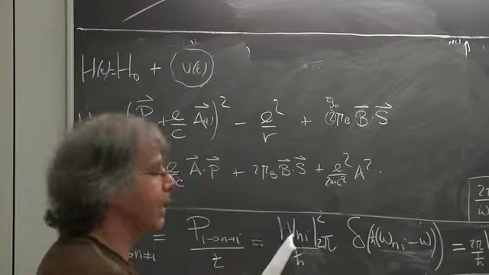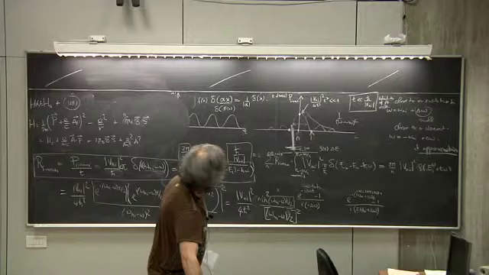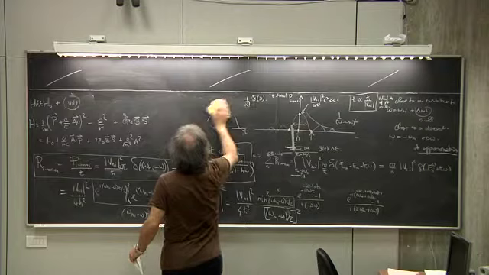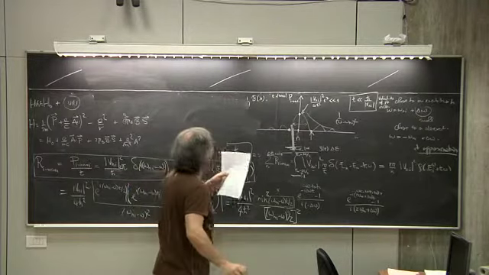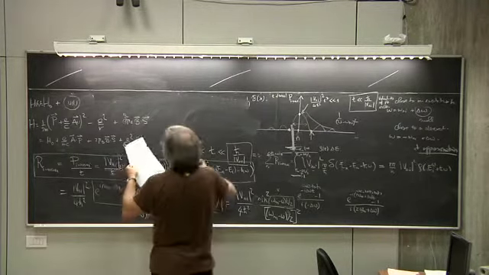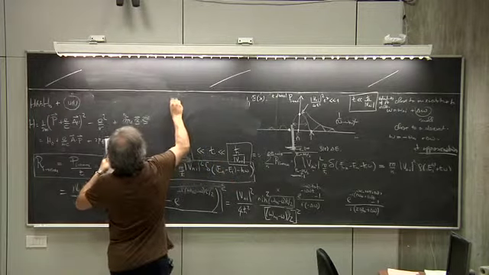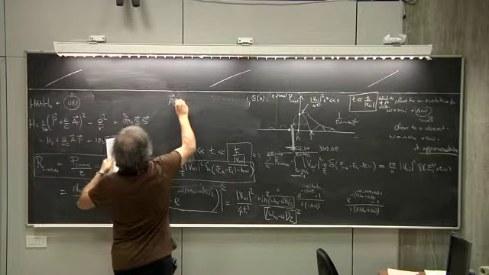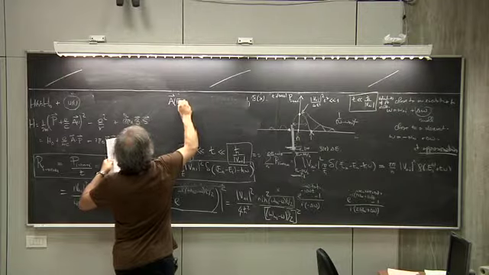You can calculate. Okay, let's be definite, and I assume what? I assume that the vector potential that is impinging, I can always describe the wave just with the vector potential, right?